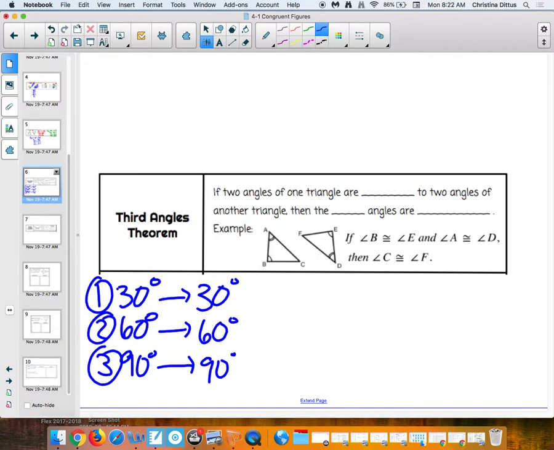That's what this third angles theorem says. It says if two angles of one triangle are congruent to two angles of another triangle, so I got two angles that match, then the third angles have to be congruent.